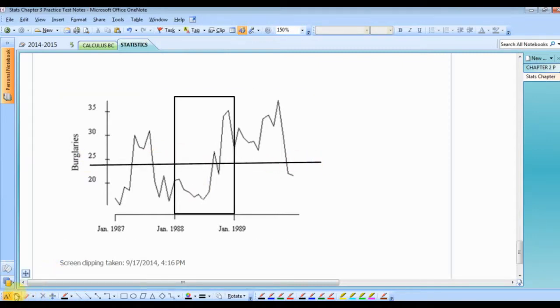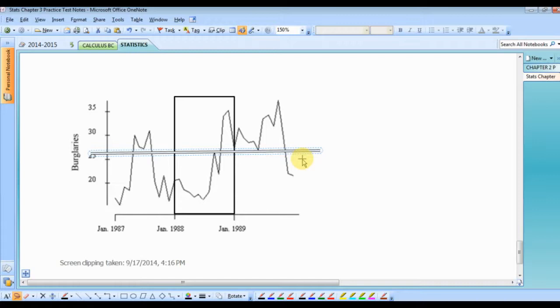So if this was truly the median, then about half of the burglaries should be above 25 and half of the burglaries should be below 25.